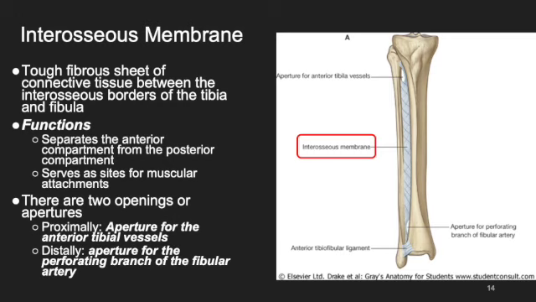Understand the proximal aspect of that aperture. We're going to have an aperture, an opening for the anterior tibial vessels. Remember that anterior tibial artery is going to pass through to provide blood to the anterior compartment. Also, we're going to have an aperture at the bottom or the distal end of the interosseous membrane, and that's going to be for the fibular artery.